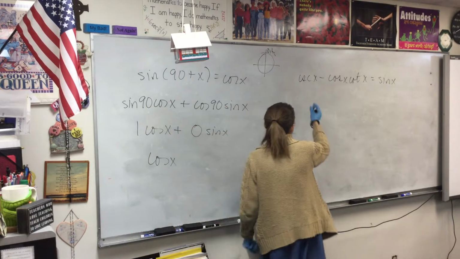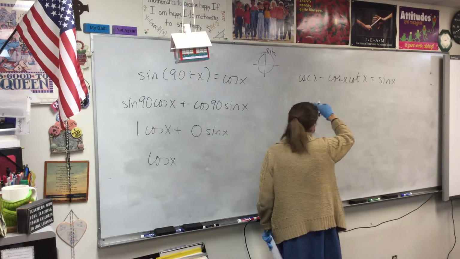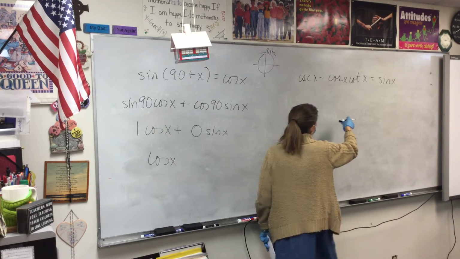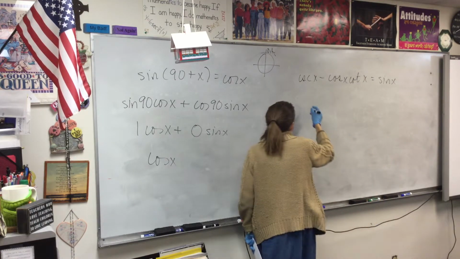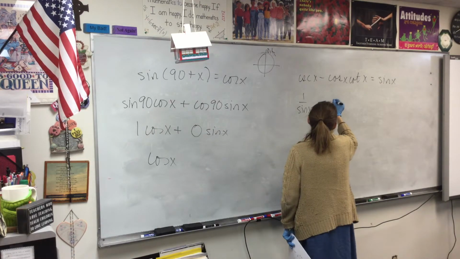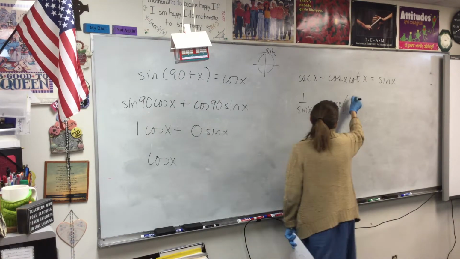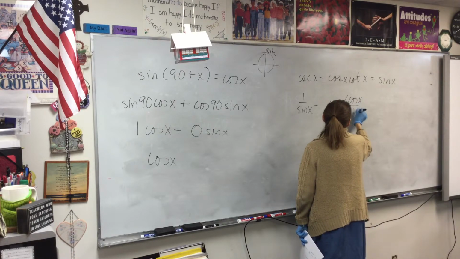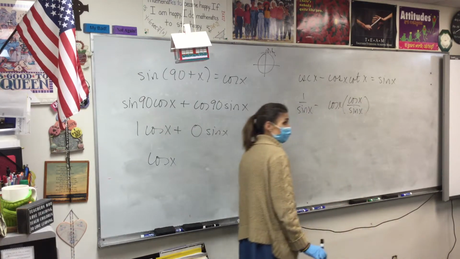Change it into sines and cosines. I think that makes sense, especially since obviously junk's going to have to cancel because I'm only going to be left with that. So 1 over sine times cosine times cosine over sine. Is that okay with everybody? Yeah.